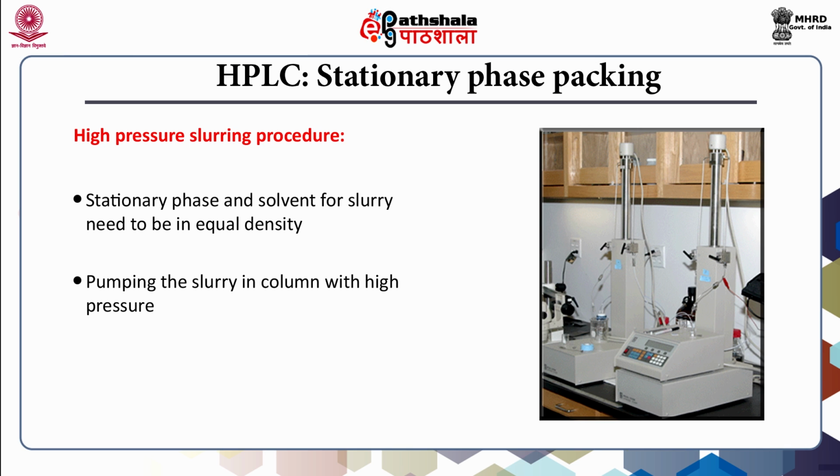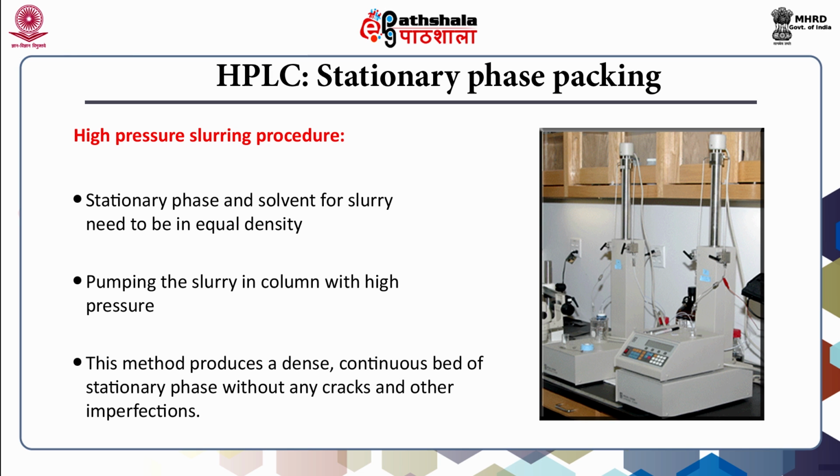That means for packing the HPLC column also we need high pressure, and the solvent in which the stationary phase is suspended, that slurry, should have a density equal to the stationary phase density.